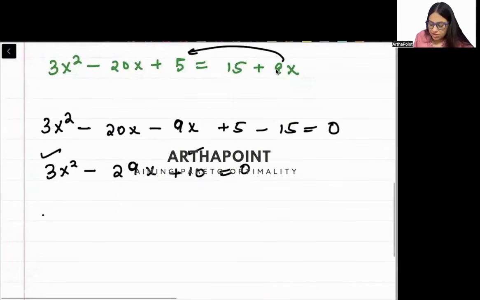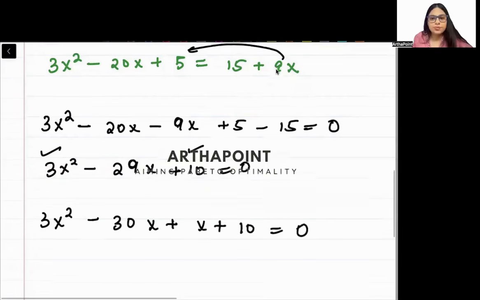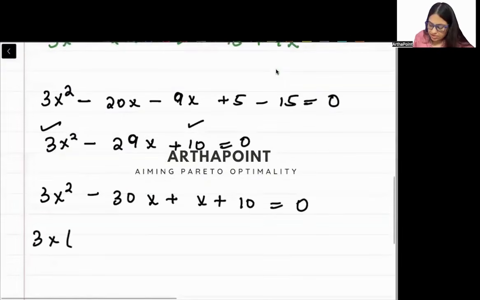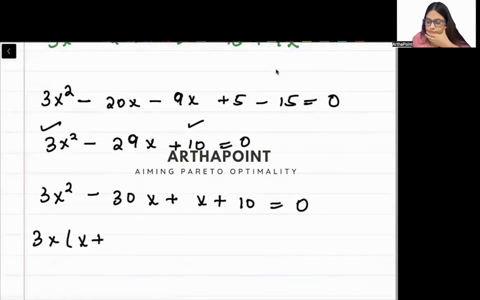10 into 3 is 30. So 3x square minus 30x plus x minus 10 is equal to 0. We need to make some other factors.